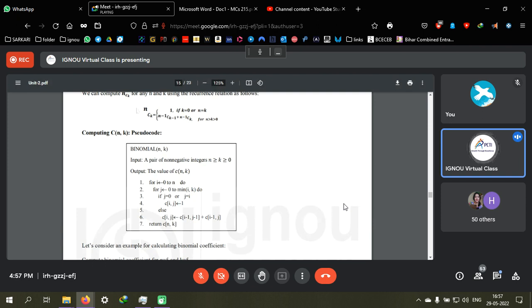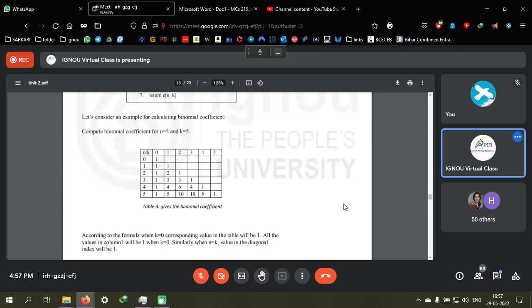The n value may be anything and the k value may be anything. Maybe it is 1C1, maybe it is 3C1, maybe it is 5C2. So we have to compute these values. Here the n value is 5 and the k value is 5. So we put the k value here and the n value here.